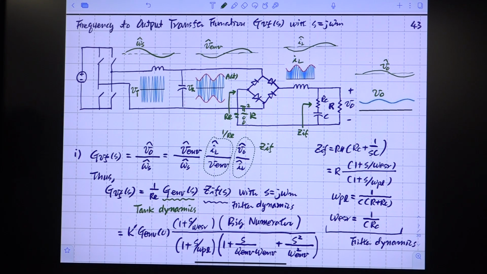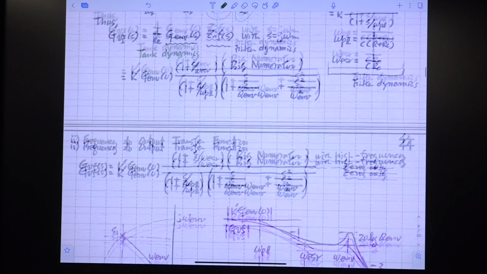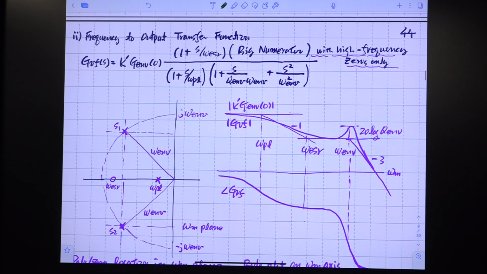So no problem there at all. And you have omega ESR and omega PL. Then the final form of the transfer function is very simple, which is this one. But we are assuming this is just 1, because it has zeros only at very high frequencies. Assume this is 1. Right?